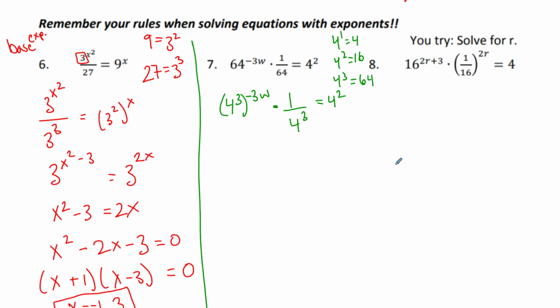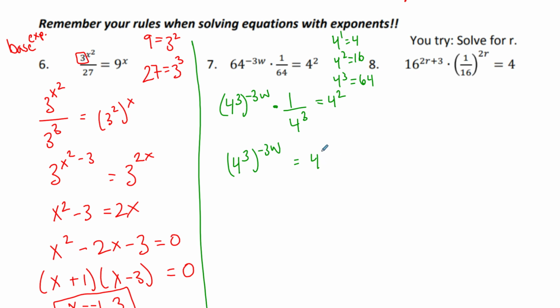equals 4 squared. So I think we have a few ways of solving this. There's not a single right way to do it. Personally, I think it might be convenient if we moved the 4 cubed that's on the bottom of this fraction here, if we moved it up. So I'm going to multiply both sides by 4 cubed, or 64.